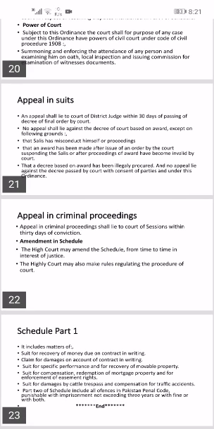It includes matters of suit for recovery of money due on contract in writing, claim for damages on account of contract in writing, suit for specific performance and for recovery of movable property, suit for compensation, redemption of mortgage property and for enforcement of easement rights, suit for damages by cattle trespass and compensation for traffic accidents. And Part 2 of the schedule includes all offences in Pakistan Penal Code punishable with imprisonment not exceeding 3 years or with fine or with both.